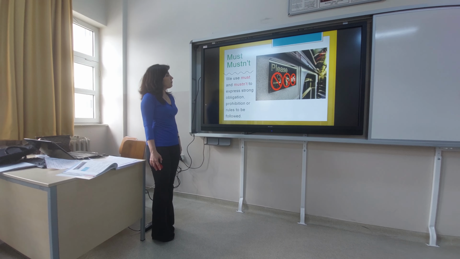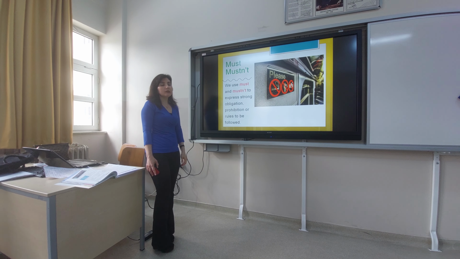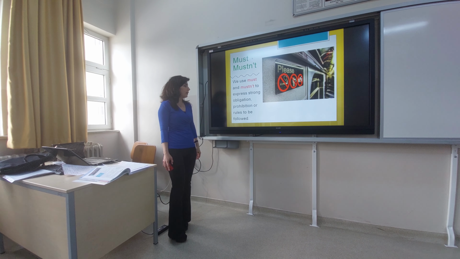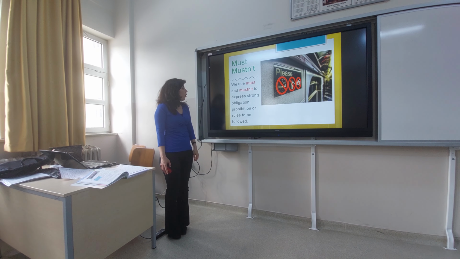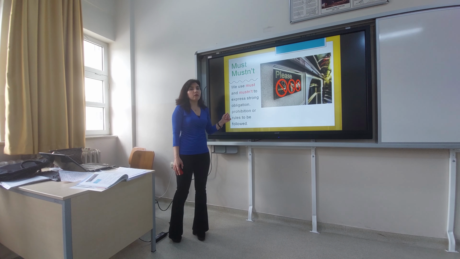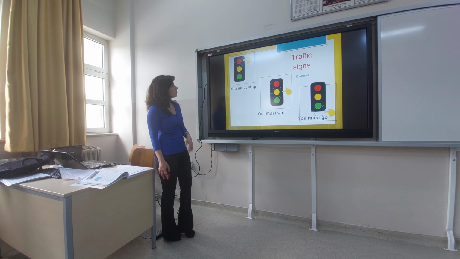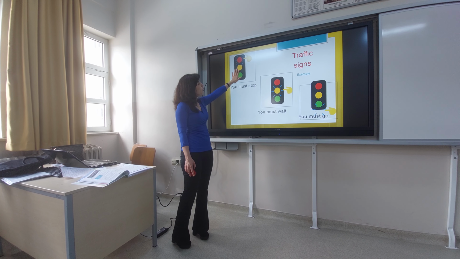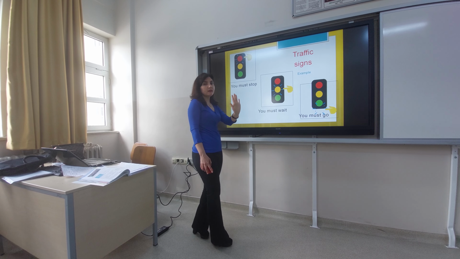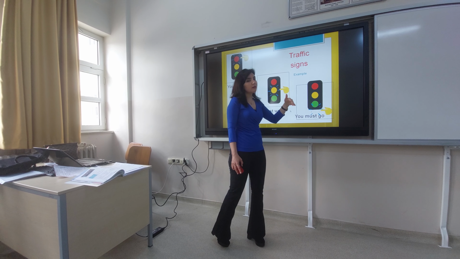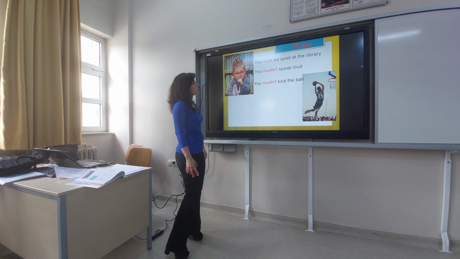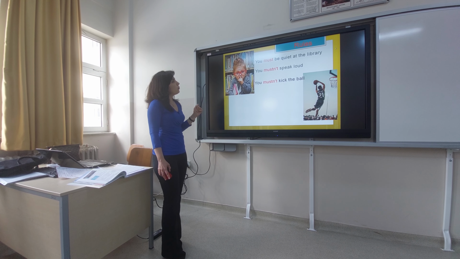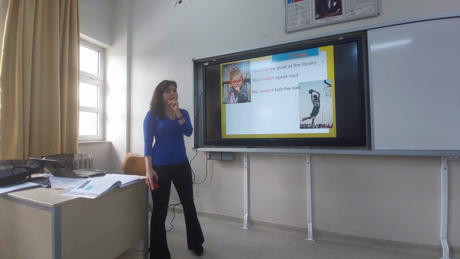Must, mustn't. We use must and mustn't to express strong obligation, prohibition, or rules to be followed. Traffic signs: you must stop. You mustn't wait. You mustn't go. Rules: you must be quiet at the library.